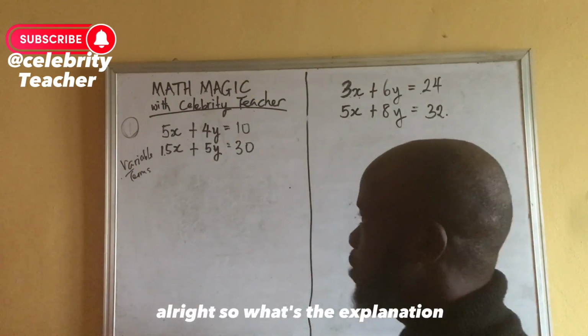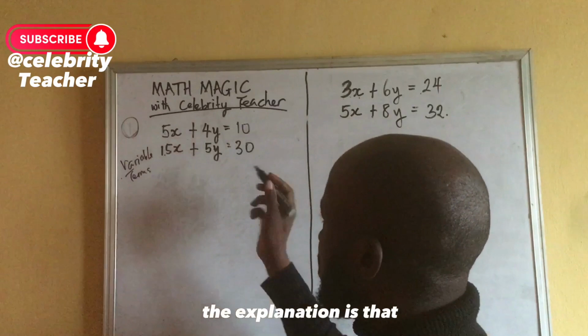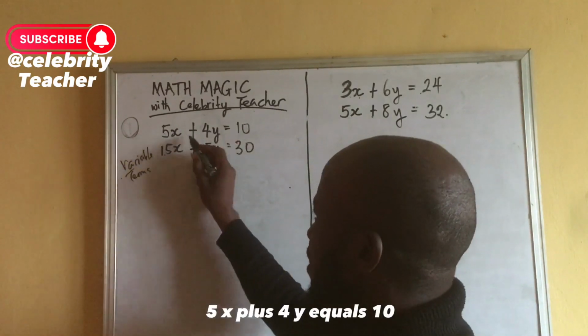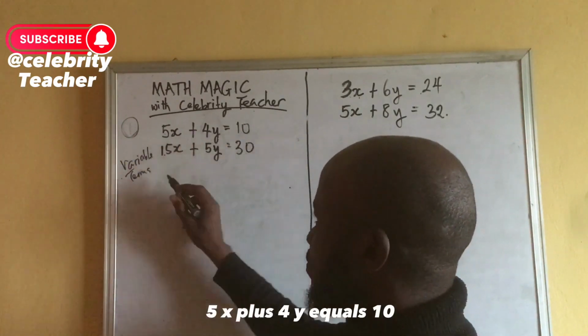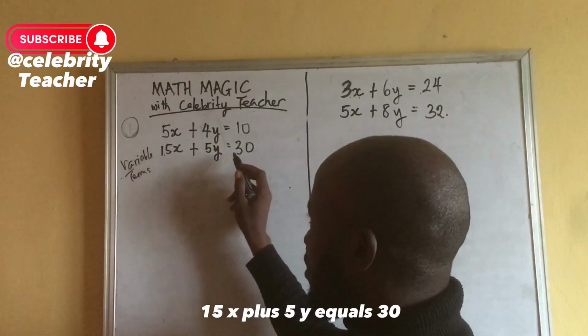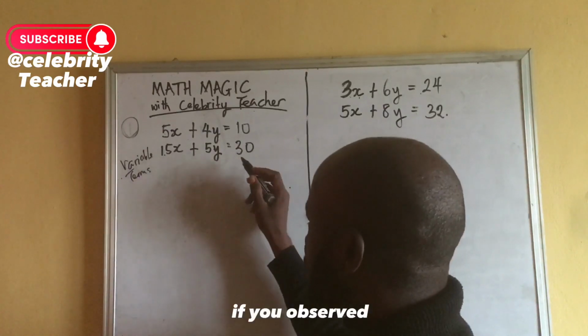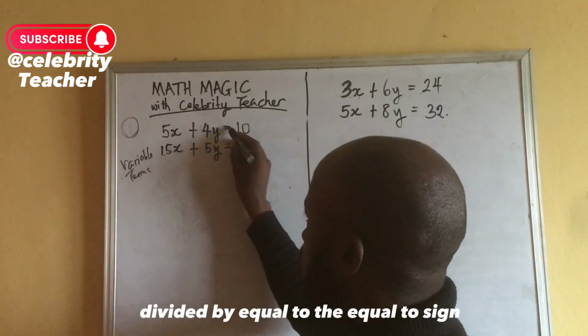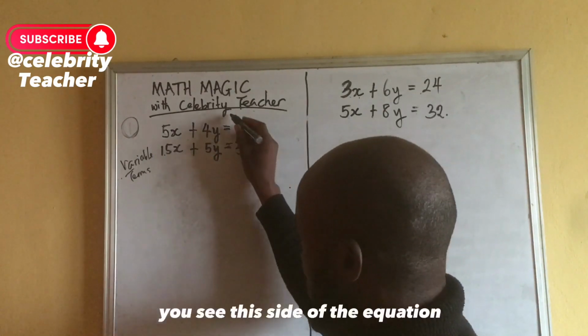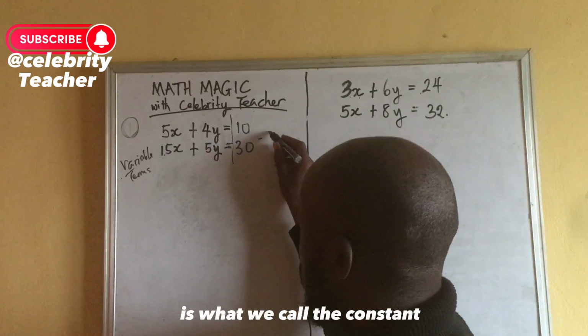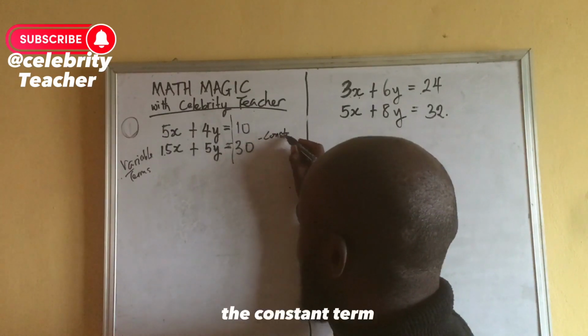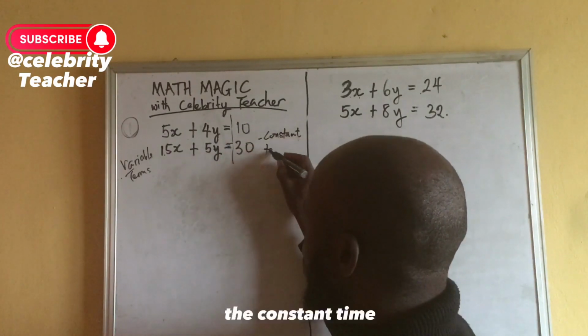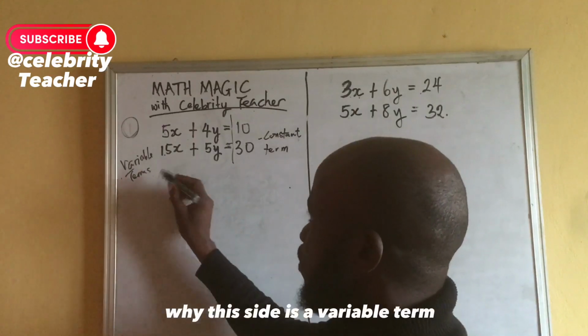All right, so what's the explanation? If you have an equation like this, 5x plus 4y equals 10, 15x plus 5y equals 30, you will observe that there are two sides of the equation divided by the equal to sign. This side of the equation is what we call the constant term, while this side is the variable term.